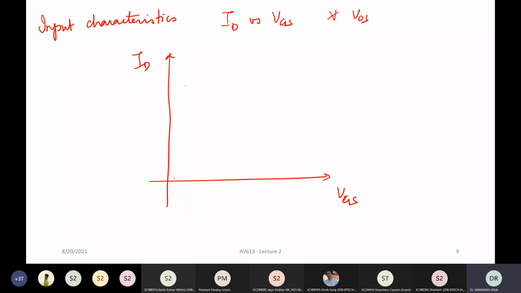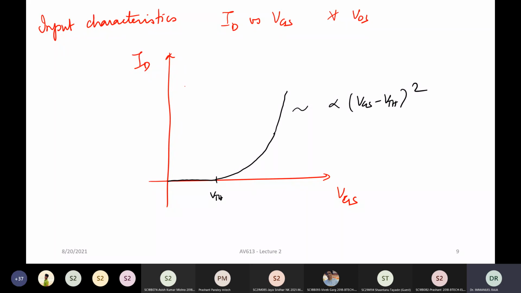But if you take any particular value, the ideal curve should look like zero current till VTH, and after that you have a quadratic dependence on the voltage. So this is proportional to VGS minus VTH the whole squared. This is what is called the classical square law equation.